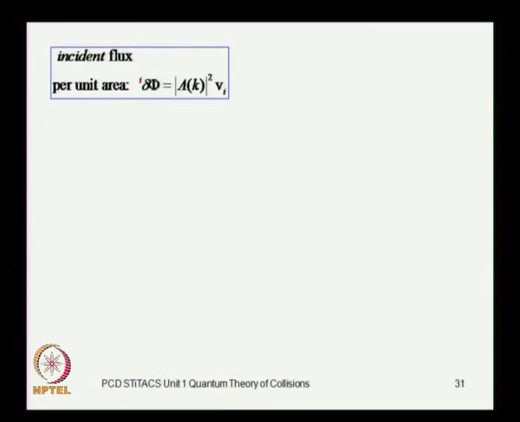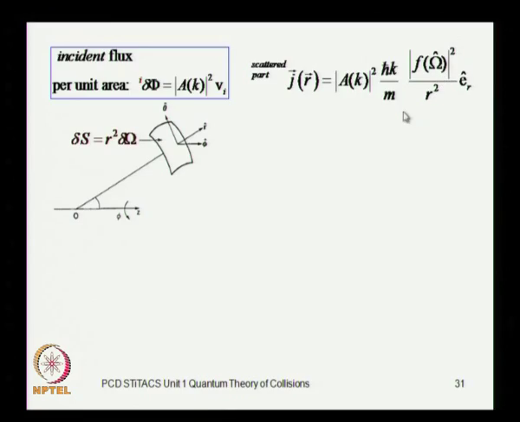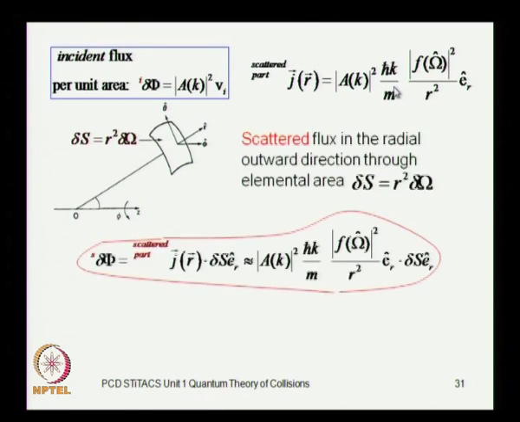So, the incident flux per unit area we determined earlier, which was modulus A square times Vi, you remember that, this result we got earlier. The scattered part we have now got, which is mod A square h cross k by m and mod f square by r square times the unit vector, right. This is the scattered part of the current density.